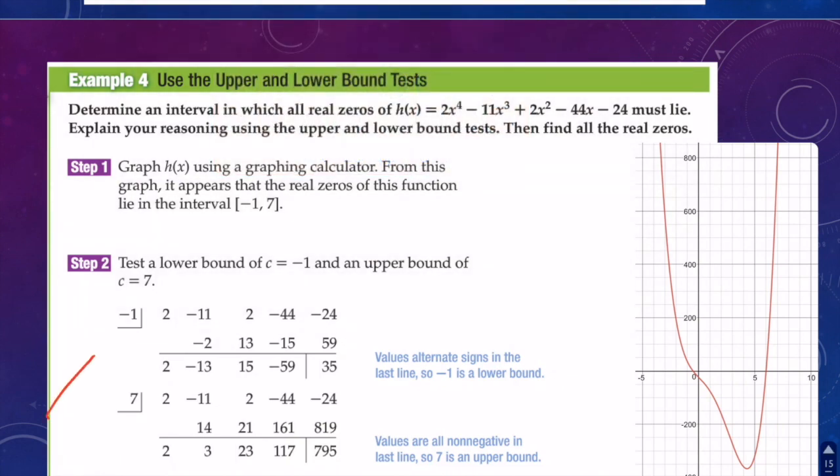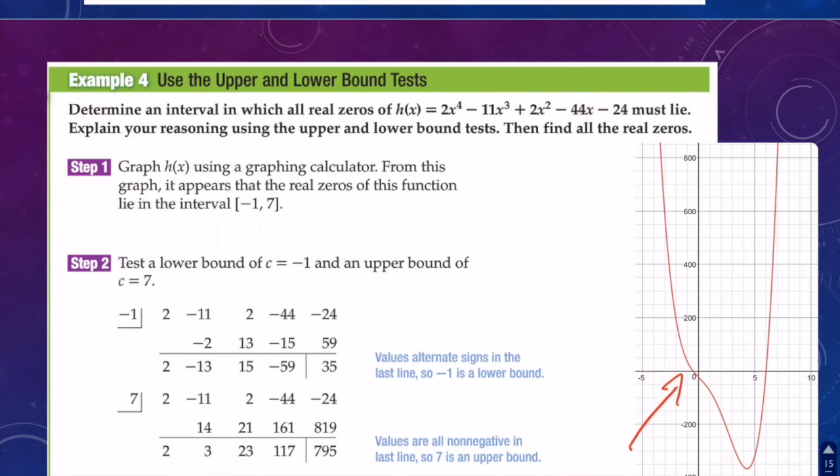So we're looking now at this c equals -1. The coefficients from this polynomial up here are 2, -11, 2, -44, and -24. And so notice what's going on now. When you use that value of c equals -1, we're assuming that that could be a lower bound of our polynomial.